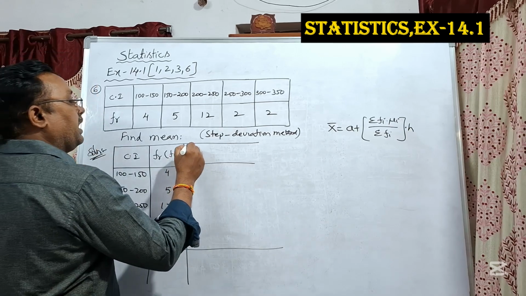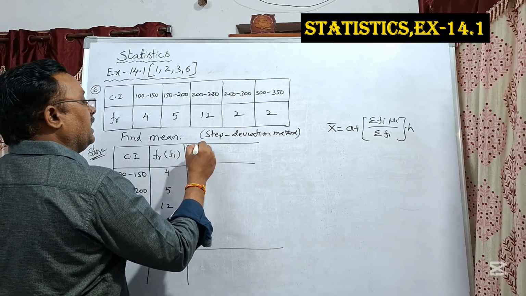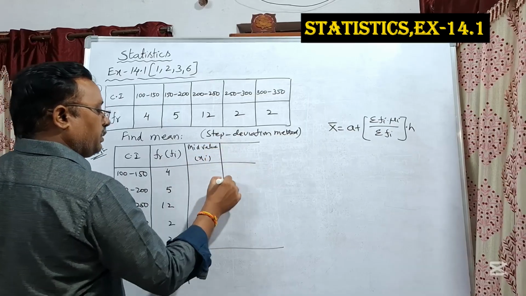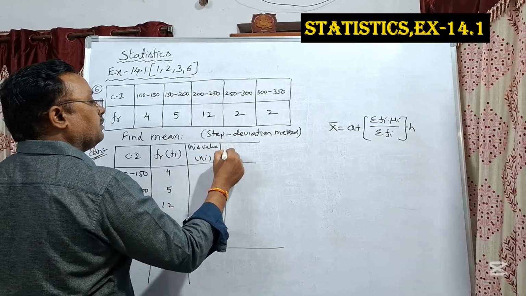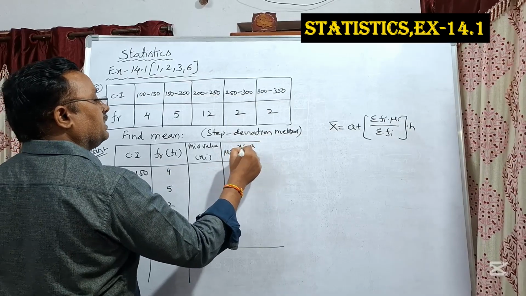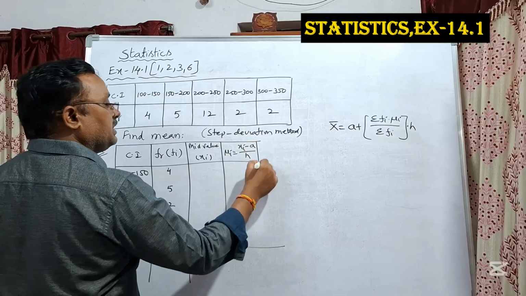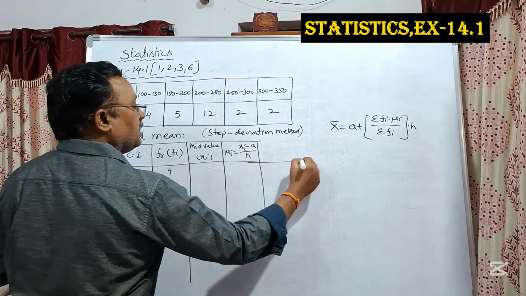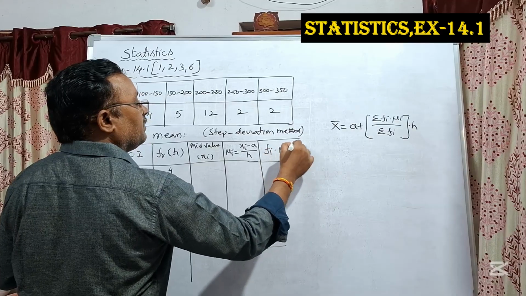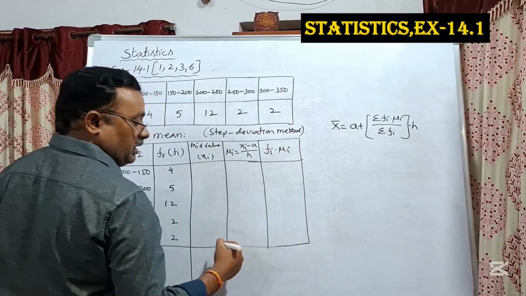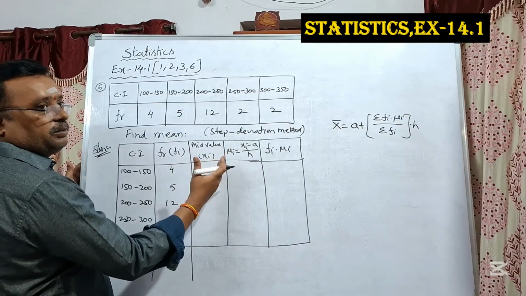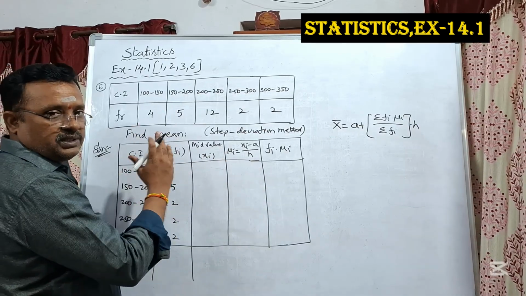As usual, the mid value becomes the third column we need to prepare. Next is the ui value, which is nothing but xi minus a by h. Next we prepare the fi into ui value. Now what is the process? The mid value process is like the first and second problems.